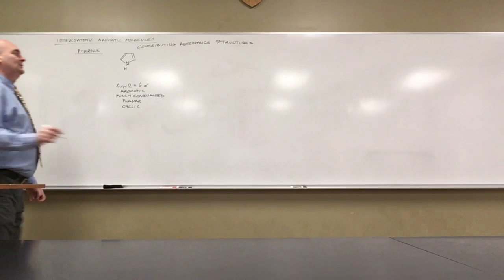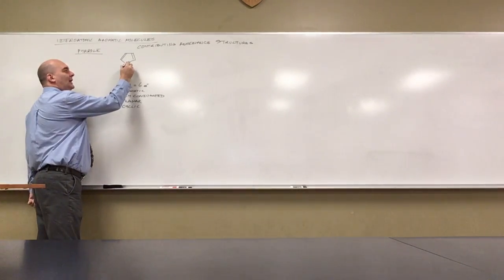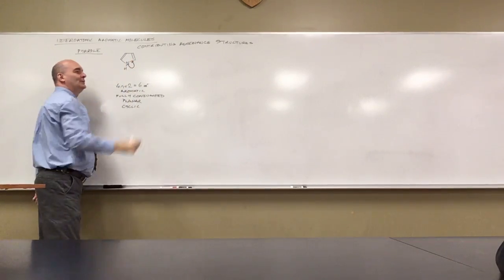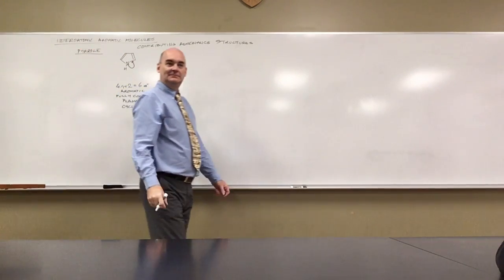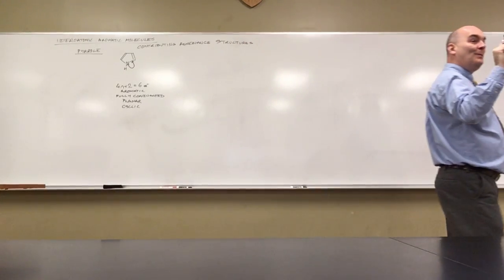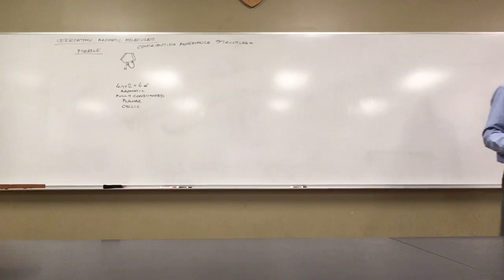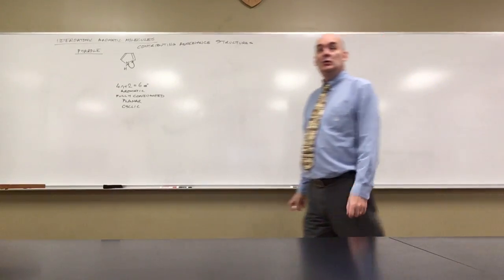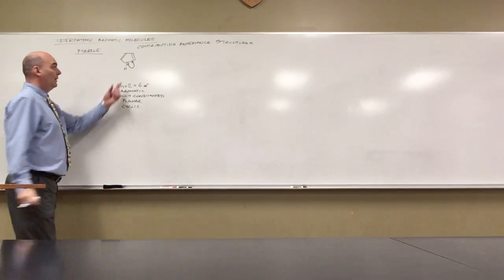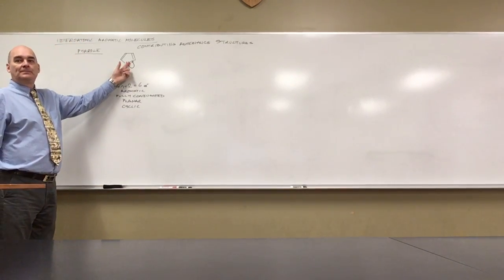Okay. So the electrons are going to go into the ring from the lone pair to the middle of a bond. I'm building a new carbon-carbon double bond. I'm building a pi component right here.